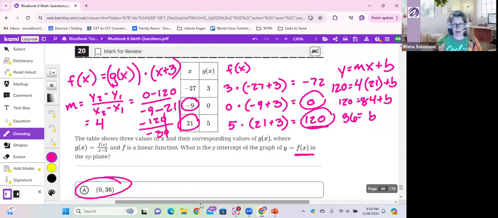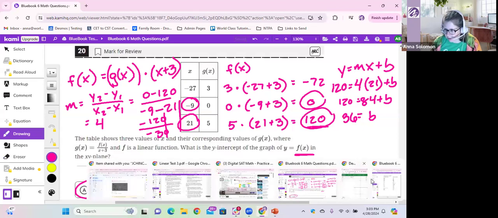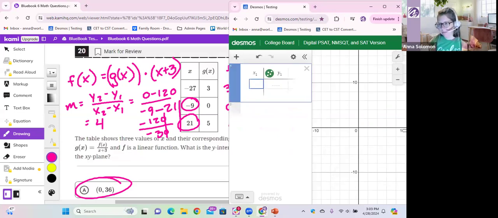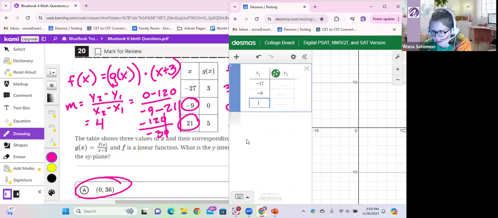Now just for fun, and because it might be useful, let's talk about the Desmos way to do this. I'm going to bring Desmos onto the screen. First we put our values in and change it over to a table. x is negative 27, negative 9, and positive 21.